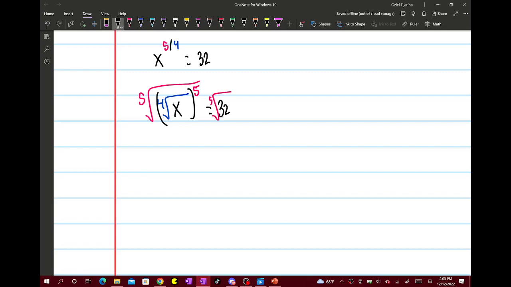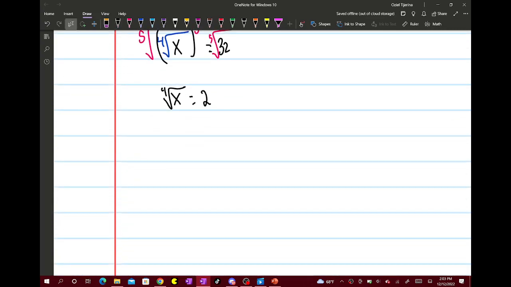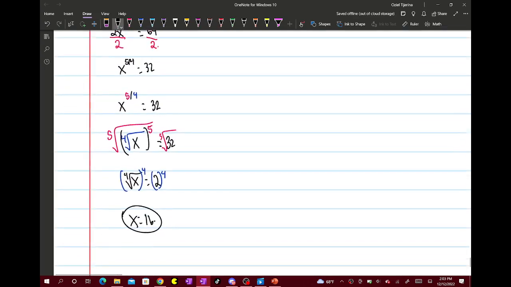So this would be the 4th root of x, and it would be equal to 2. And then finally, you're going to go ahead and raise both sides to the 4th power to get rid of that 4th root. So then you get x equals 2 to the 4th, which is 16, I think. So that's the one way to do it.